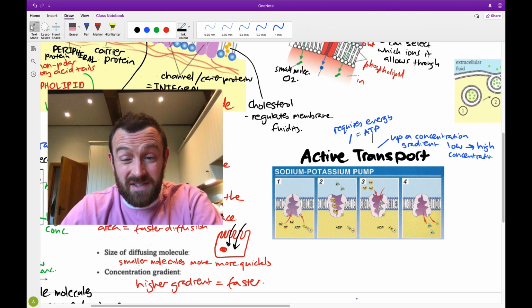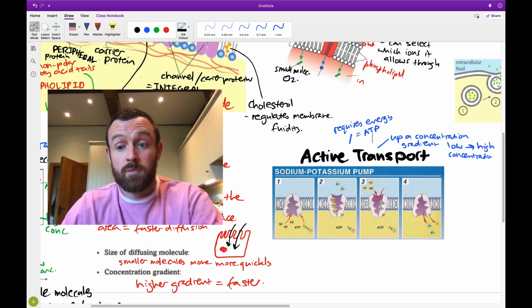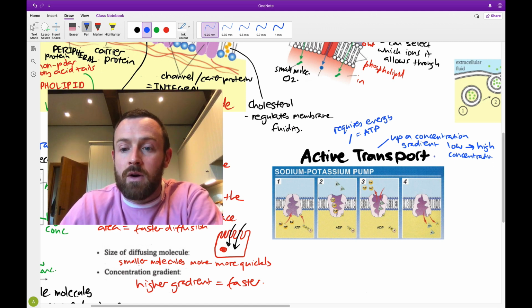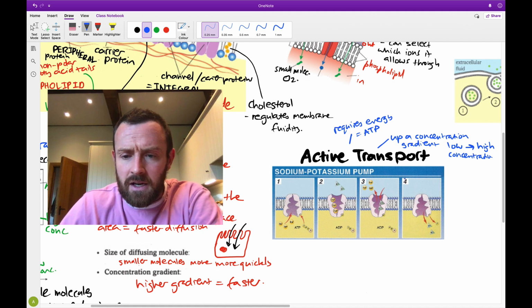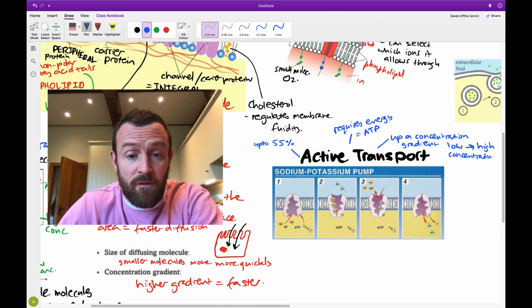Some estimates have said that the action of this pump uses around 55% of the ATP that a cell uses. Now, I had a little look into that. I'm not sure if that's specifically for some type of cells.